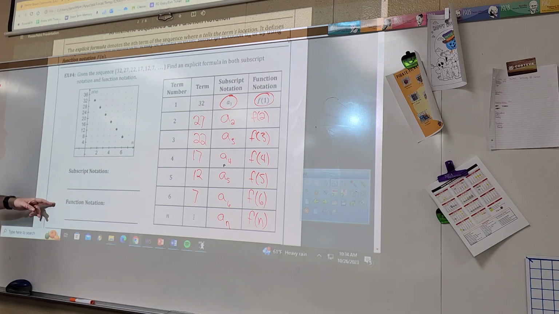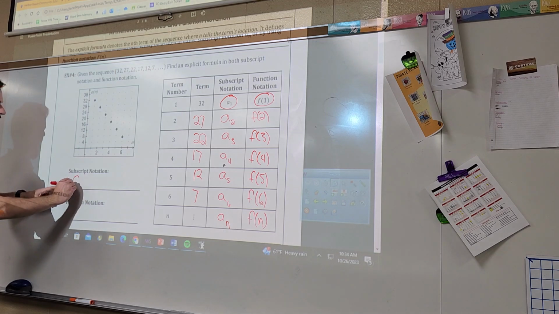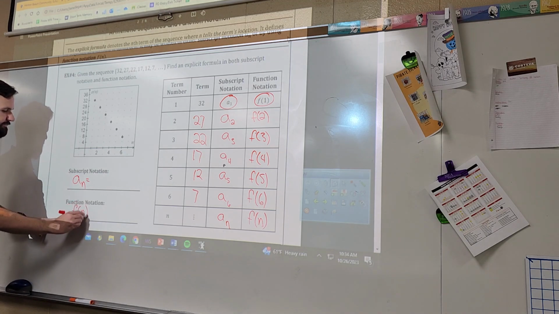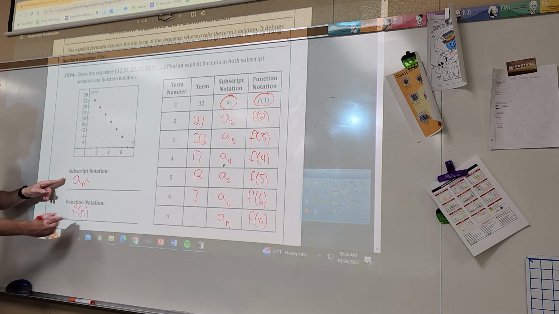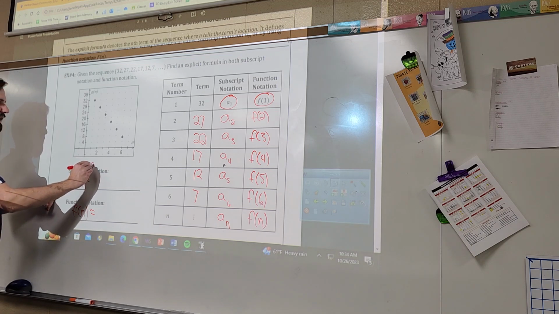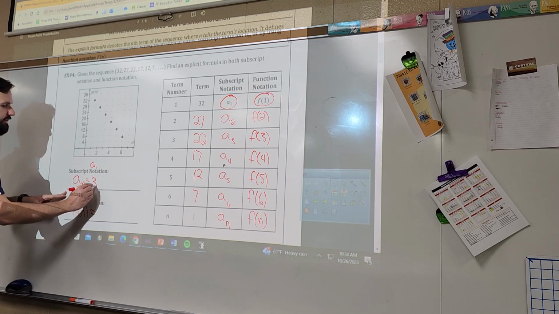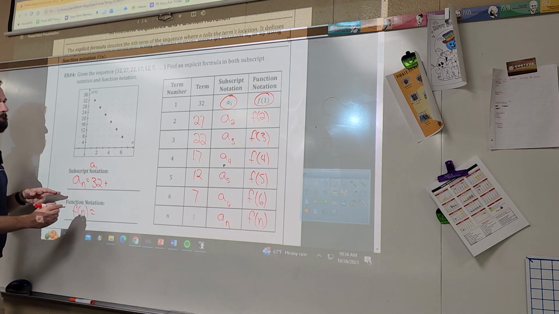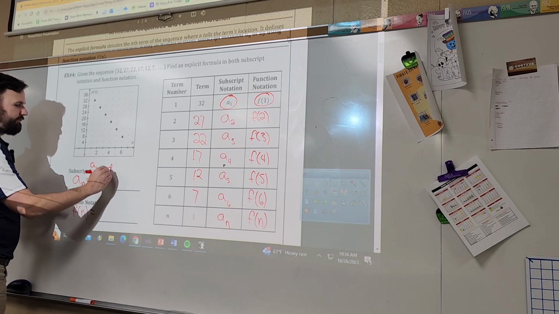So let's come up with 2 ways to write this formula. We want to write it in function notation and with a subscript. So subscript would be what? A sub n. And function would be f of n, right? For a sub n, what do I need? I need a sub 1. What's my a sub 1? 32. Plus, what's my d? -5.